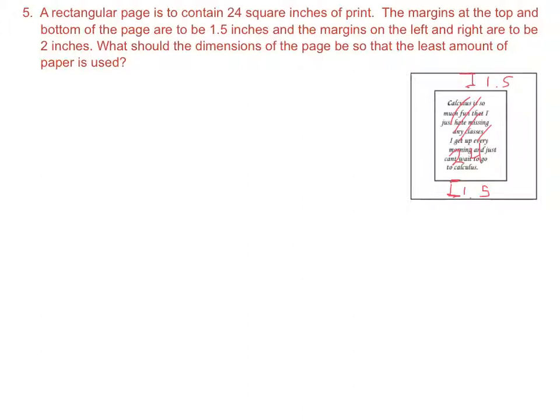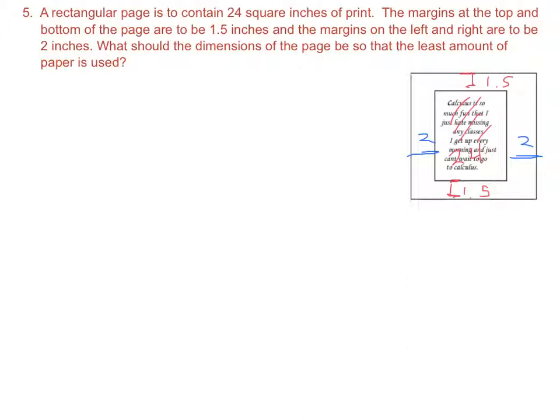And then the margins left and right are 2 inches each. What should the dimensions of the page be so that the least amount of paper is used? This one is a minimum. We are wanting to minimize the amount of paper used.